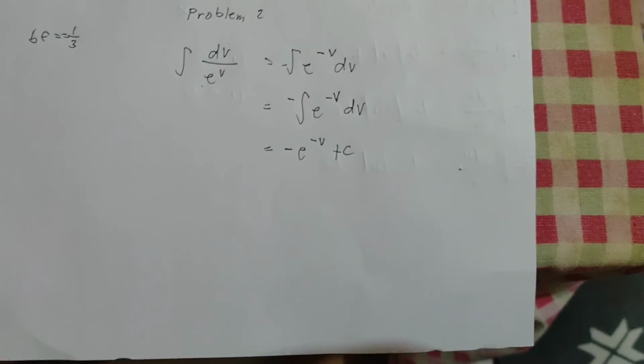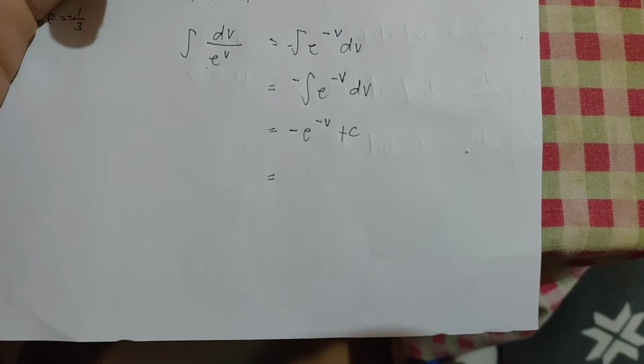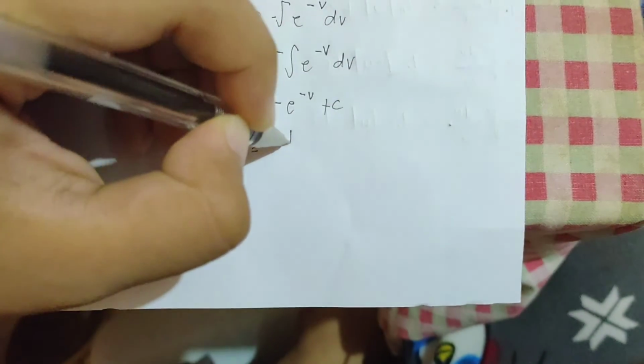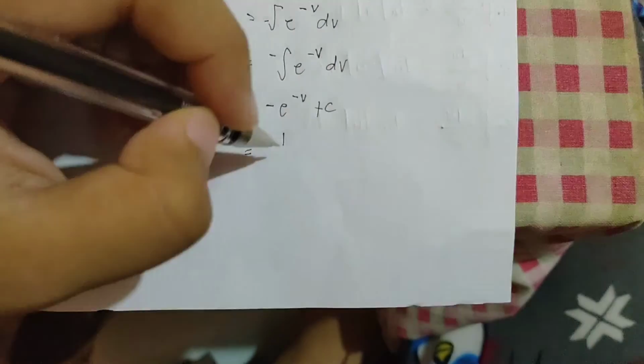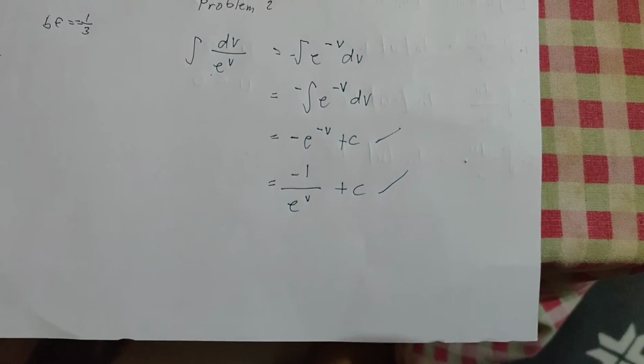We can also rewrite this in fraction form, which is negative 1 all over e to the v plus c. Either of these two is the correct answer.